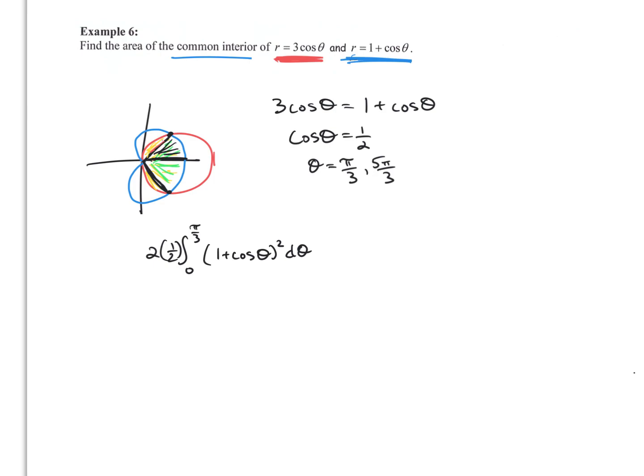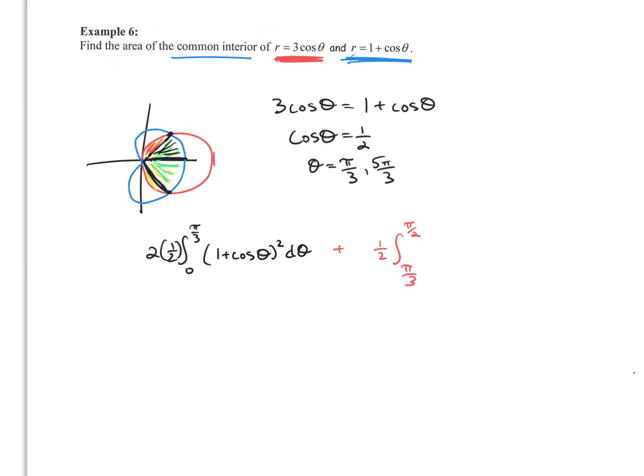So now we need this sliver right here. Okay? And so what would be that part? Pi over 3 to pi over 2. Now, how did we get to pi over 2? We didn't technically do it. What is this thing called again? That little origin is called the what? The pole.